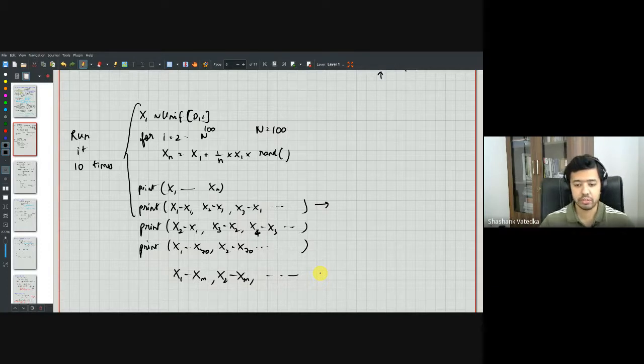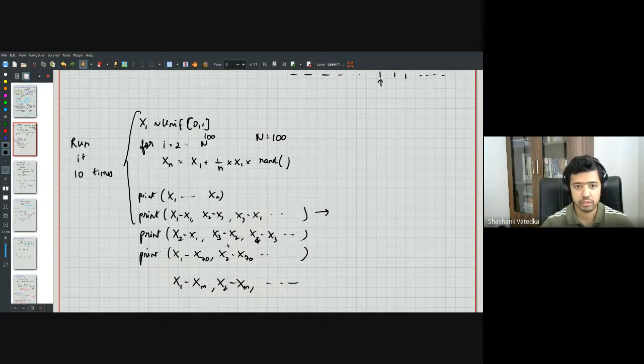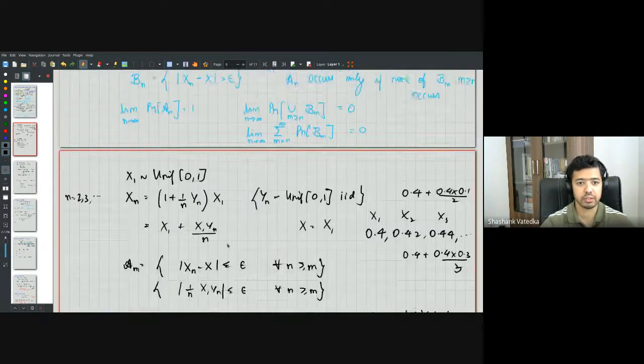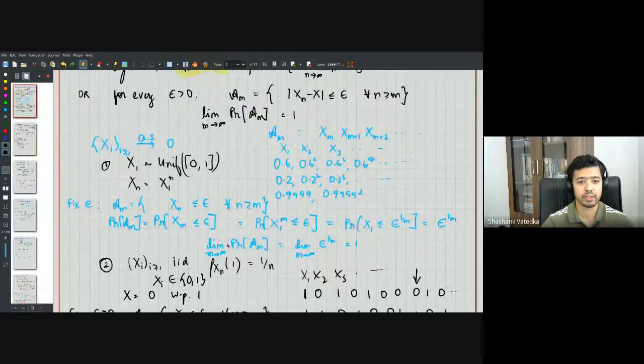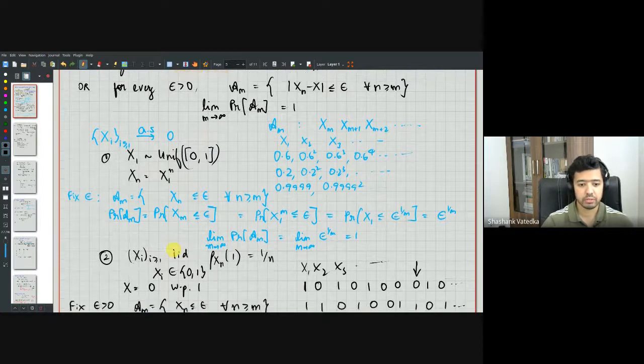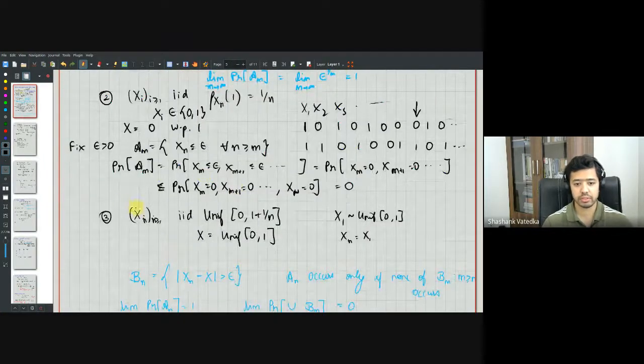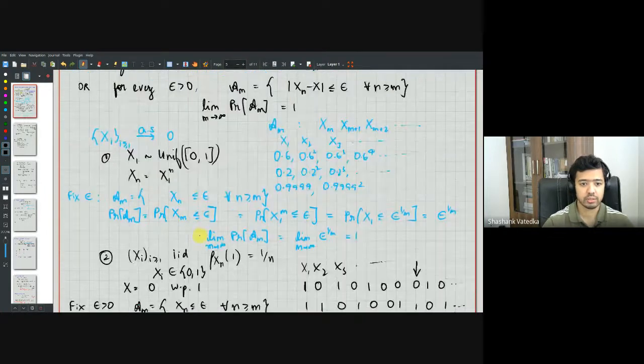Okay, and you'll see that. Try to print this for each of the above examples given here. Try to do it for this example, this example, and also this example. You'll see that in the first case, the difference sequence will converge to 0.